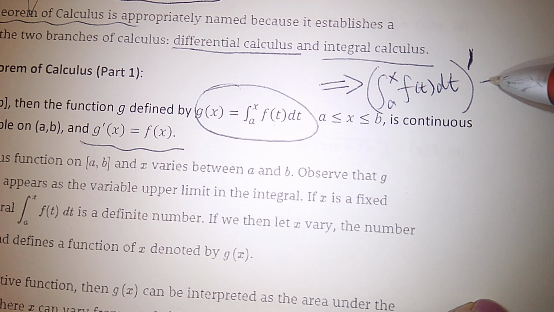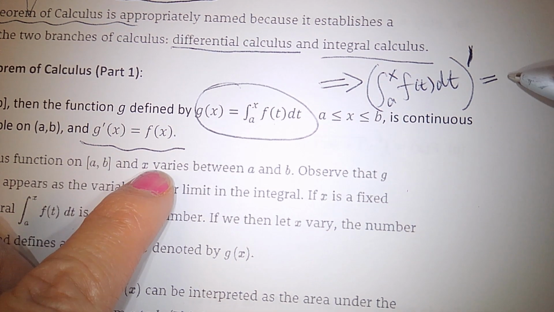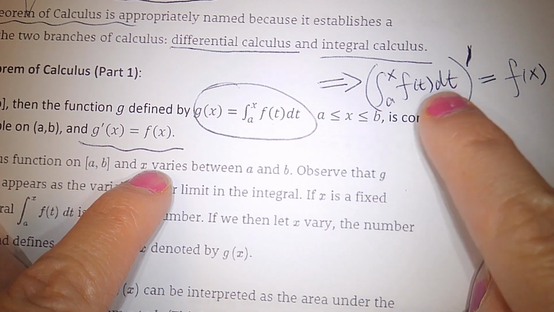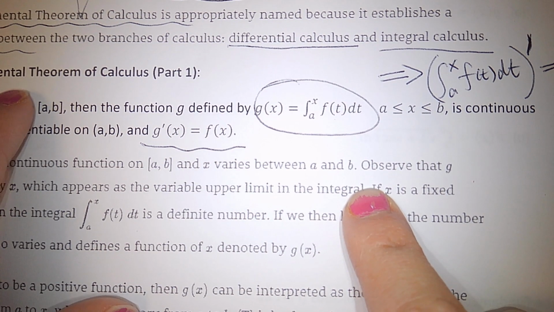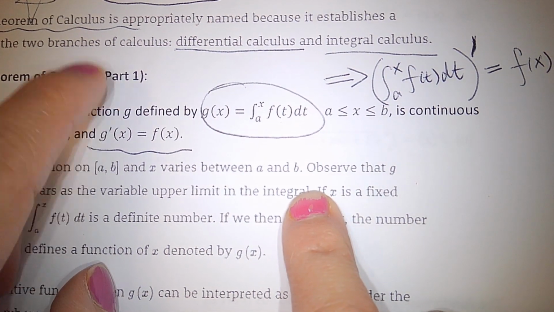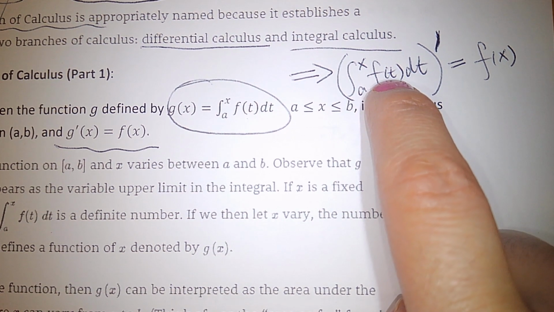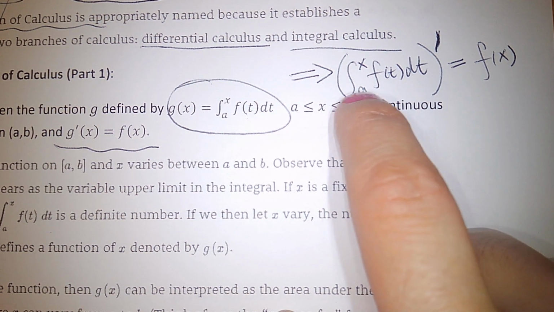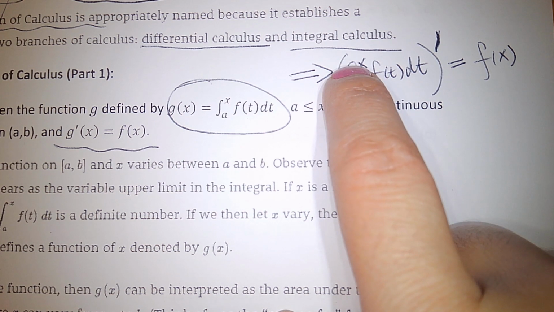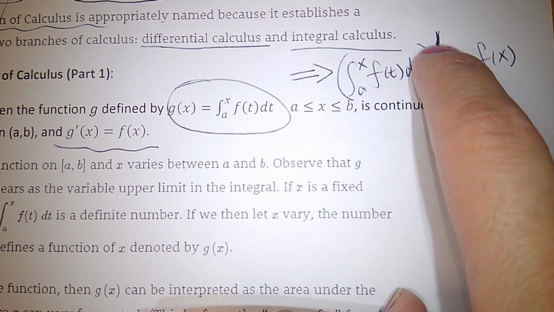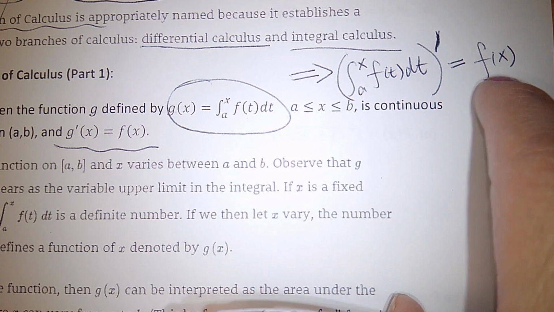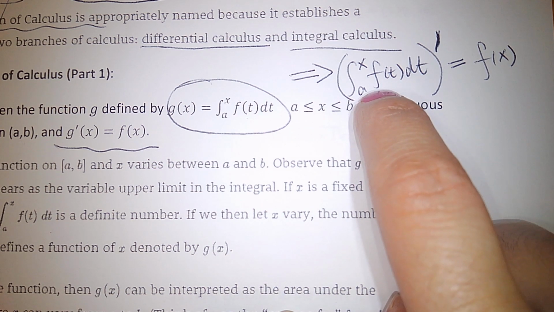So we say this equals f of x. The key idea from part 1 of the fundamental theorem is this: when we have an original function f, integrate it from a to x, and then differentiate it, eventually we have this function f back.